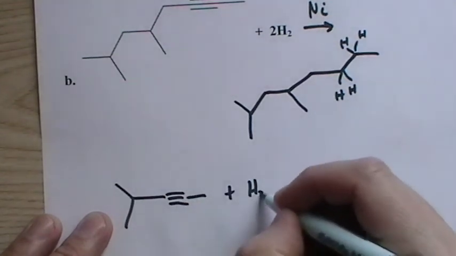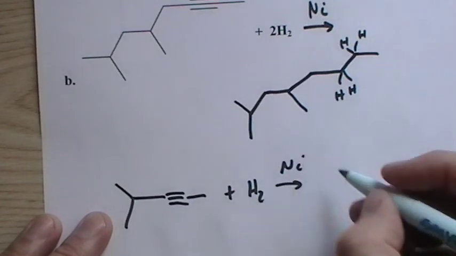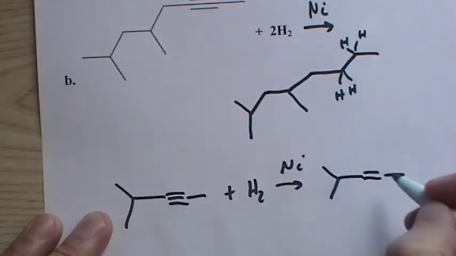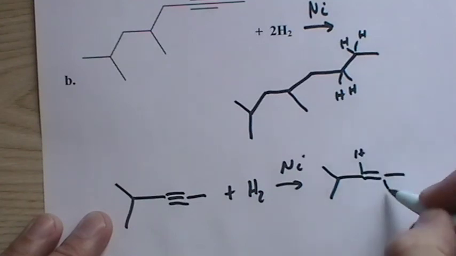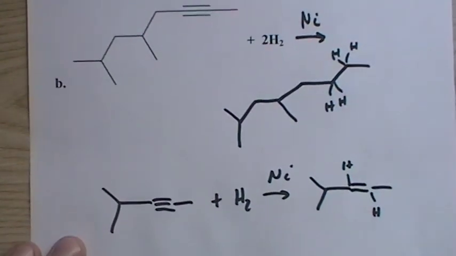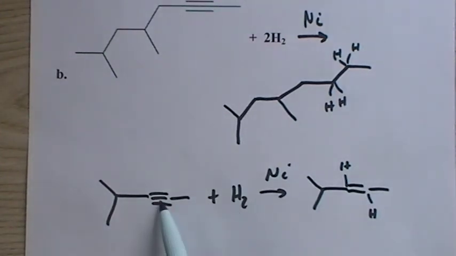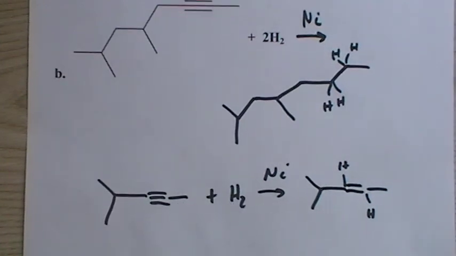What if we just added one hydrogen across? So we have a nickel. Then we'd have a double bond, with one hydrogen above and one hydrogen below. We'd only have broken one of these bonds. If you want to break the two of them, so now it's a single bond, you need to add two hydrogens. So one hydrogen will allow you to go from an alkyne to an alkene. If you want to break an alkyne down to an alkane, you have to add two hydrogens.